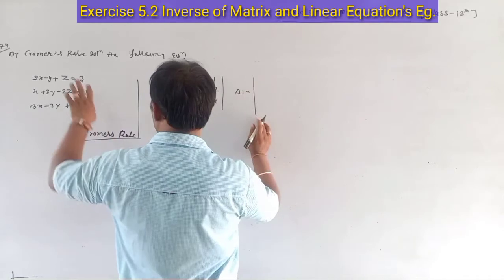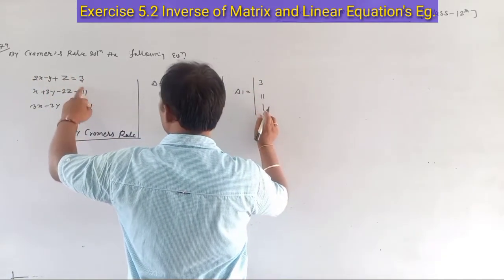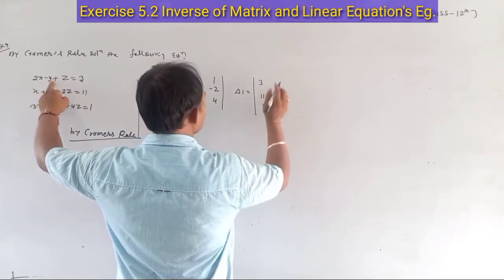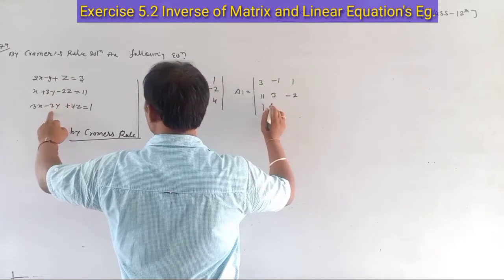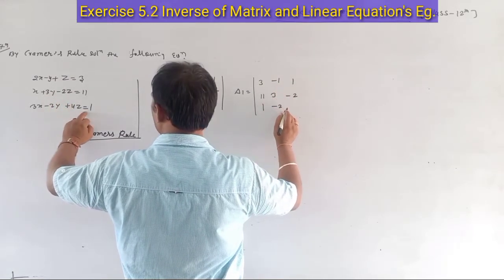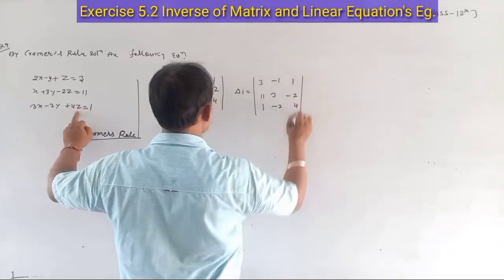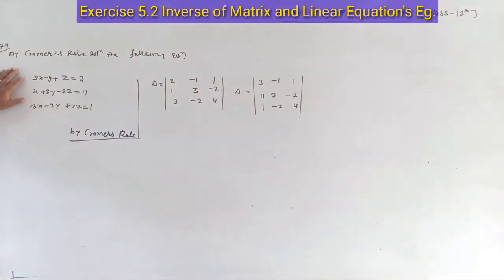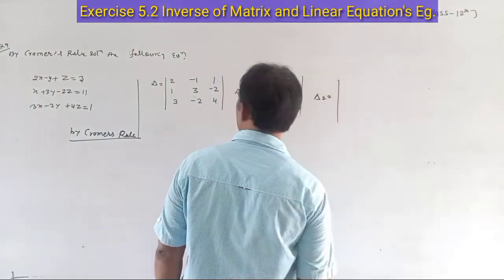What about delta 1? Delta 1 means put the values there, so it is the determinant 3 minus 1 1, 11 3 minus 2, 1 minus 2 4. Look here. Now delta 2.